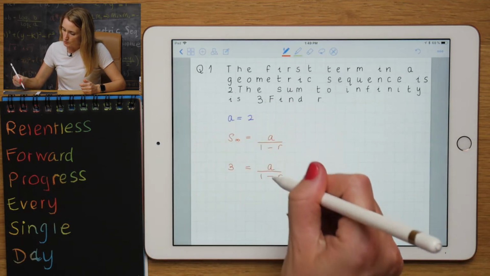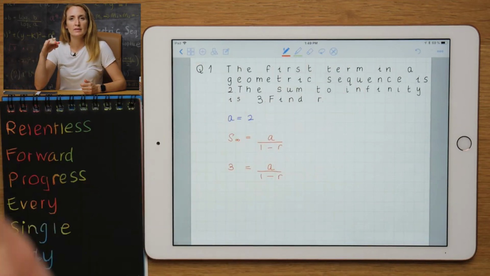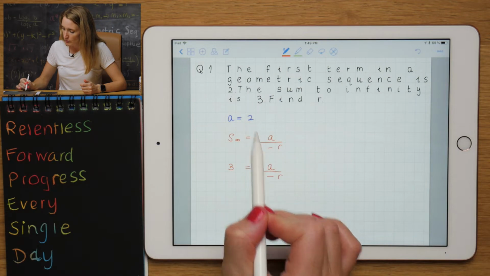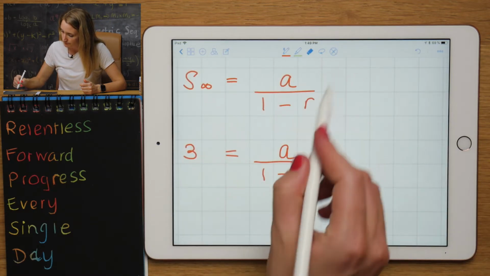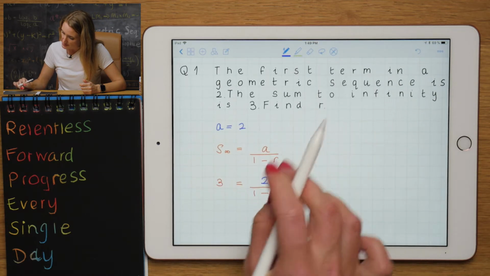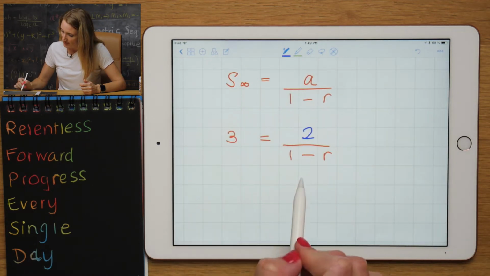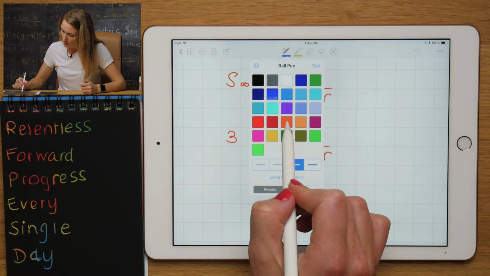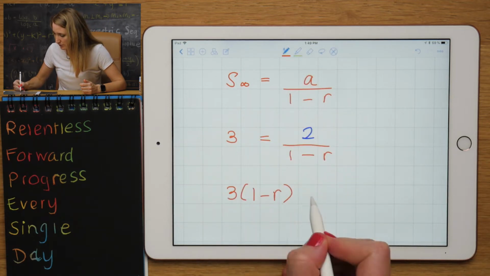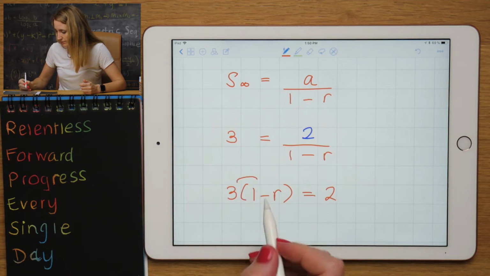You see you've got two distinct equations and the trick in this key skill is to substitute one into the other. So I'm going to put the 2 here into here. I've also been told that the sum to infinity is 3. So all of that information is now here. I want to take the bottom, 1 minus R, and multiply it up to the top, like so.